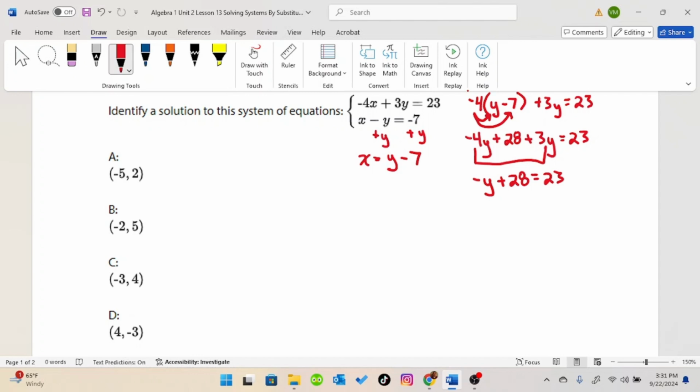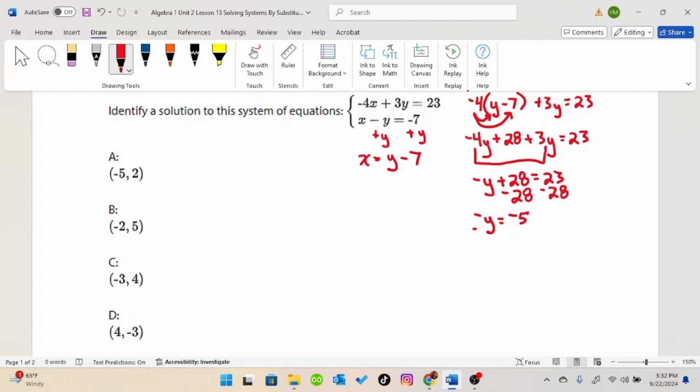Now, to get y by itself, we're going to subtract 28 from both sides. This will get rid of it on the left. And we have negative y equals 23 minus 28, which is negative 5.